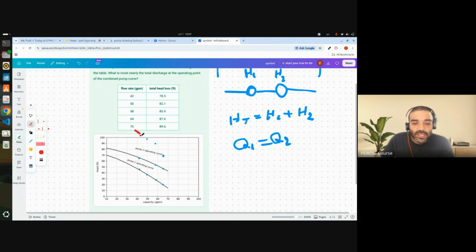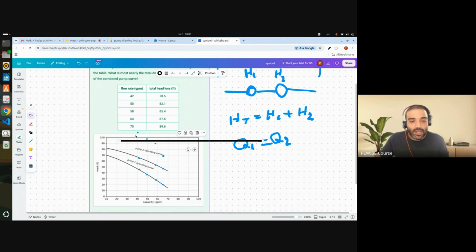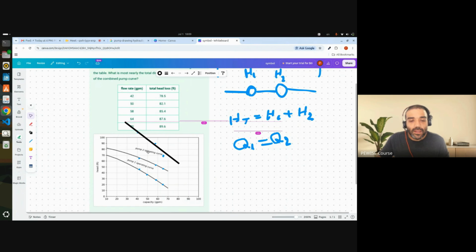As we increase the, oh, this is bad. Let me use a tool. Line. As we increase the capacity, the amount of head that these pumps can add is reduced, which makes sense because the pump has a certain power.